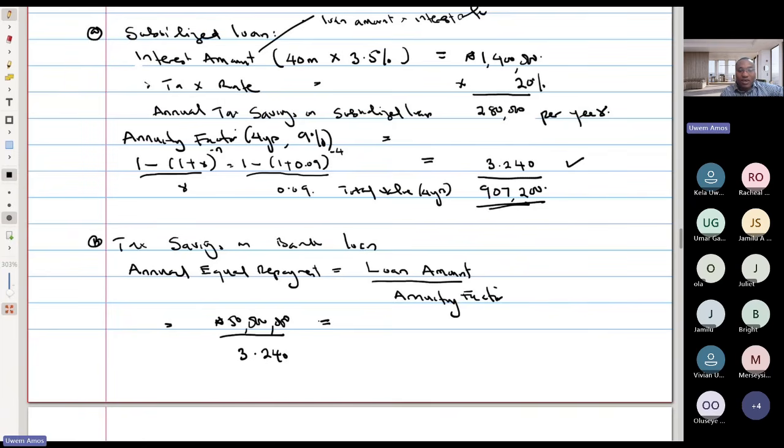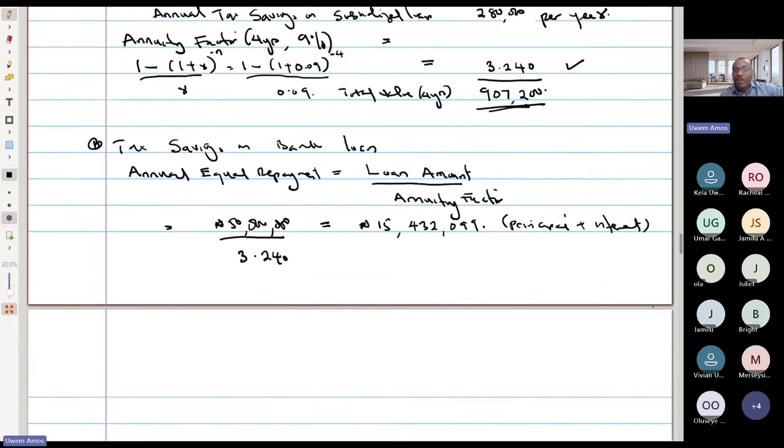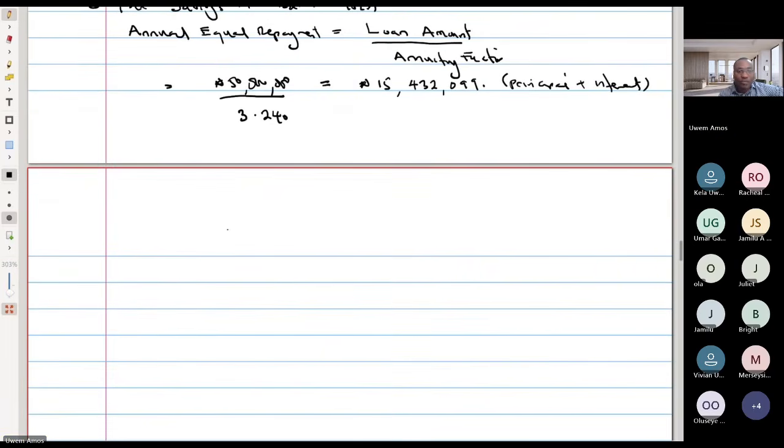So 50 million divided by 3.240 gives 15,432,099. This is the annual equal repayment of the principal plus interest. So let's do our loan schedule so that we can have the interest payment part of it.